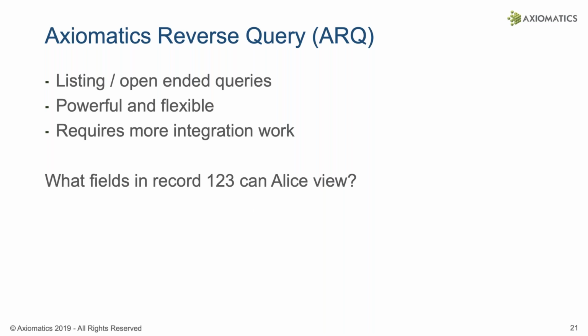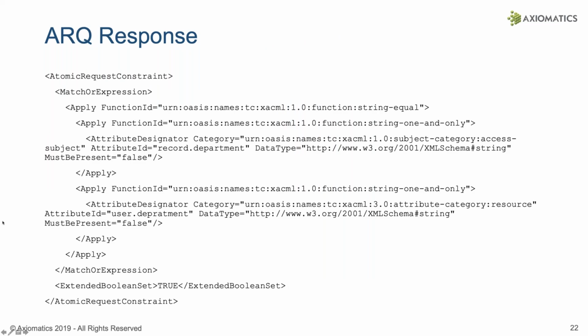Now, we're going to get another fairly verbose slide here. This is an ARQ response, and it's a snippet of it. It's one of the pieces within an ARQ response. And here, what we're doing is applying a string equal function. So it basically says that this first attribute here, record department, and the second attribute, user department, have to be string equal.